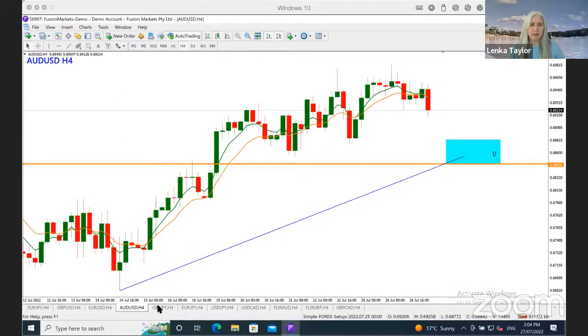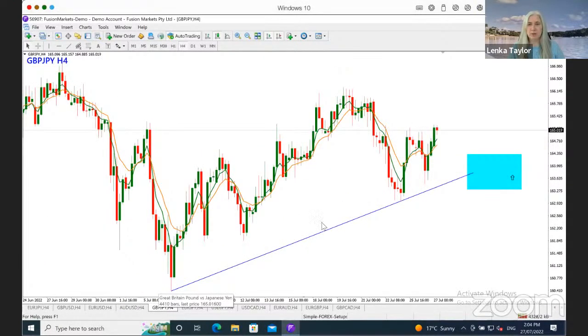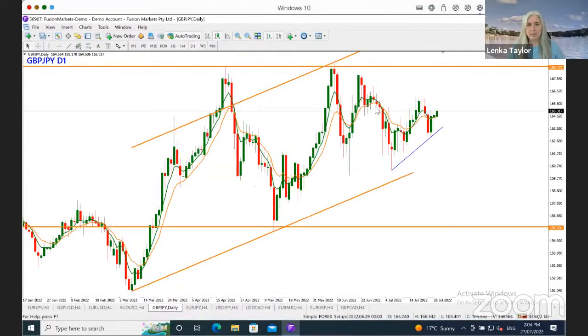The next currency pair I'm looking at is GBPJPY. And GBPJPY, I'm looking at long opportunities. The price has been falling from that previous level of resistance, and I was looking for short from there, but now we're in a bit of a wedge.